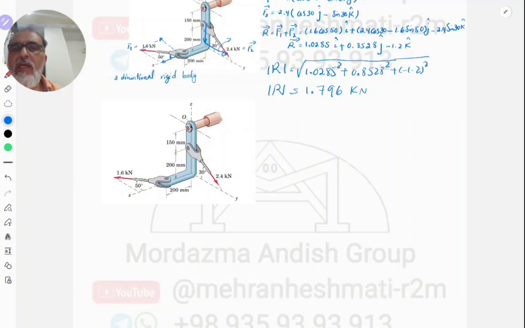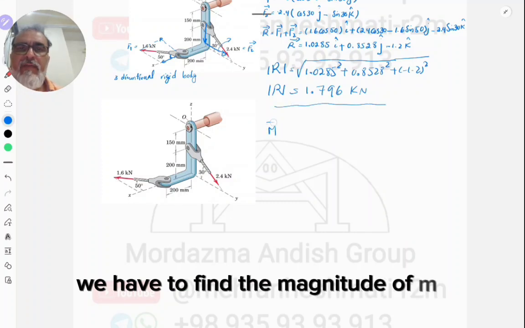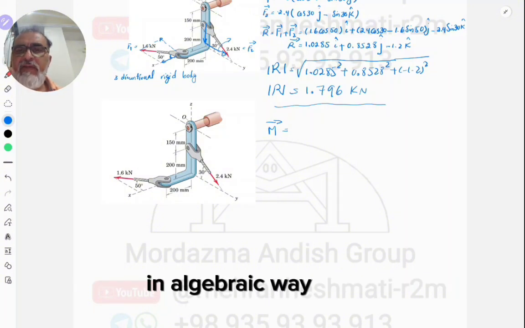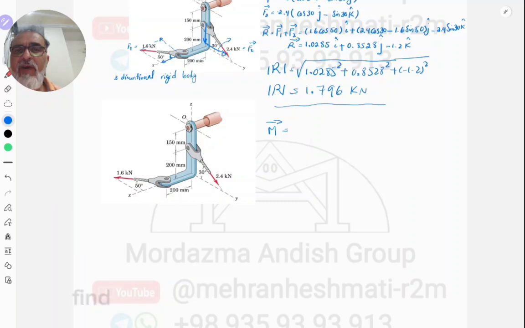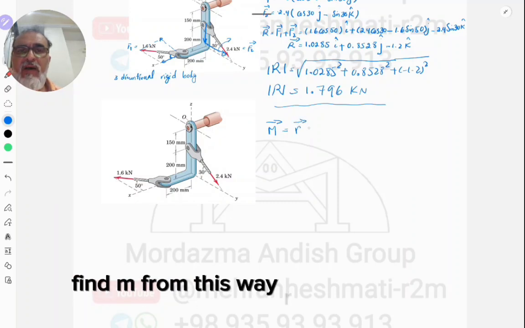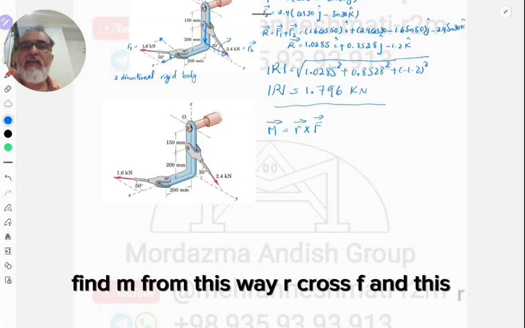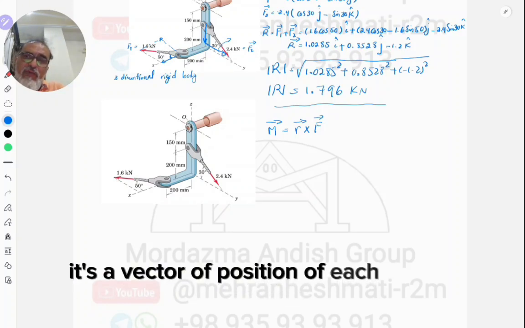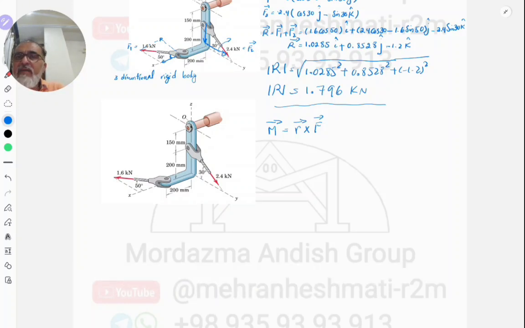I mean, in an algebraic way we can find M this way: r cross F, and this r is a position vector of each point in the direction of F from the point that we want to find the moment about.